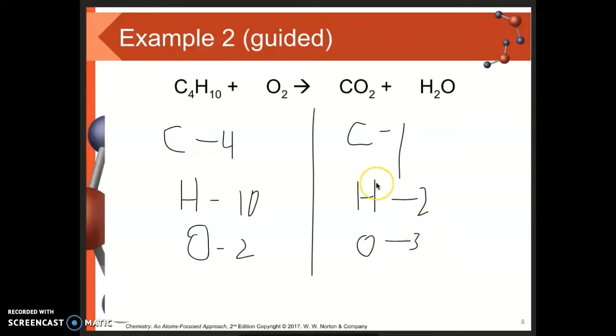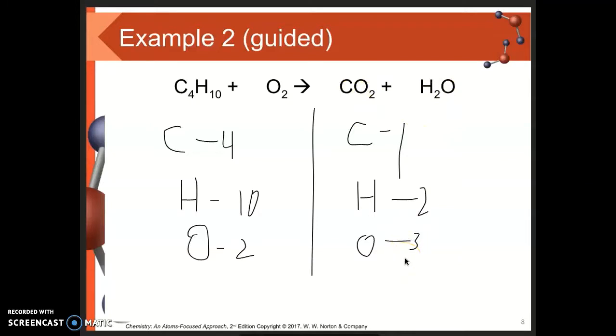And so one thing to notice about combustion reactions like this is since we have oxygen in multiple places here, we have to be sure that we're remembering to add. The amount of oxygen on the product side isn't just the amount in the water, and it isn't just the amount in the carbon dioxide, but it's actually the sum of them.